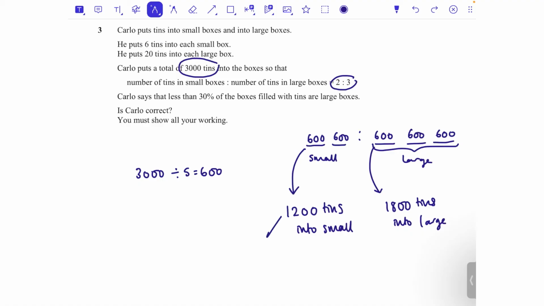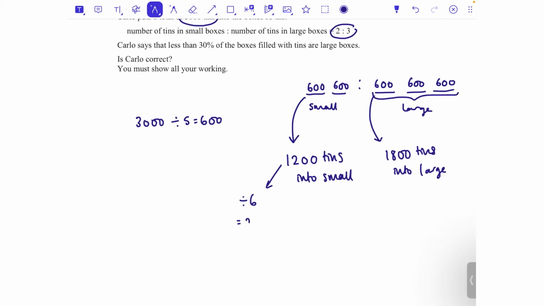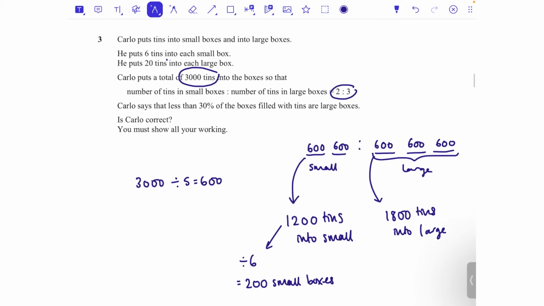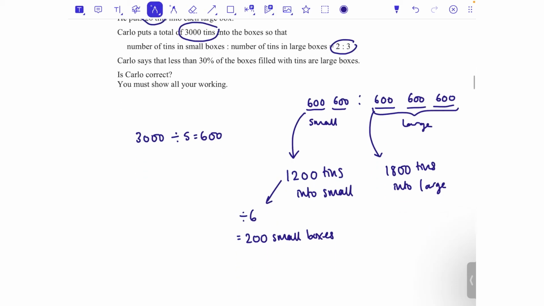So I know that if I divide this by 6, that's going to be 200 small boxes. And then I know that making a large box is 20 tins. So let's divide this one by 20. So 1,800 divided by 20 is 90. So we know that there are 90 large boxes.